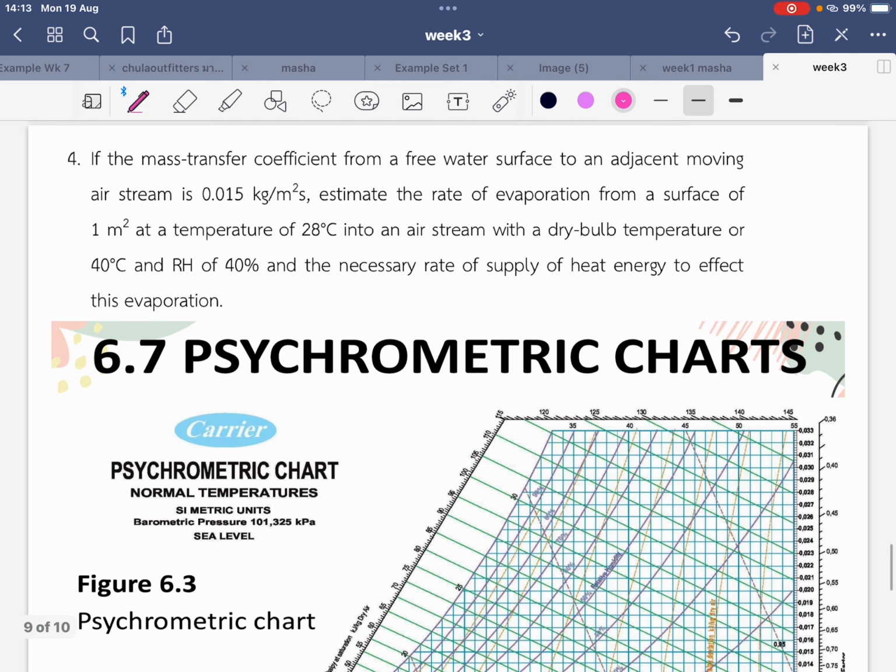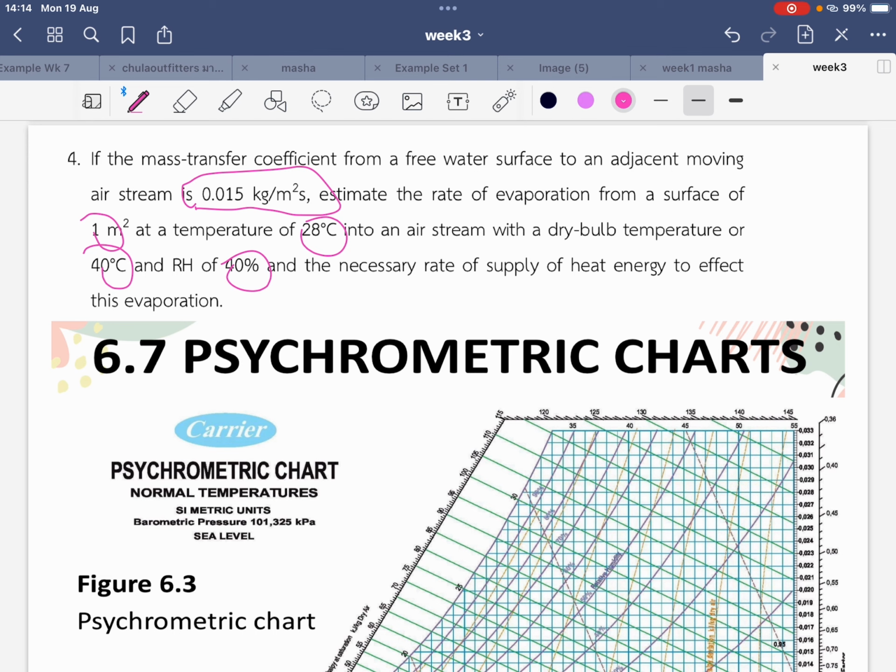For the fourth question, if the mass transfer coefficient of a free water surface is 0.015 kilograms per second per square meter, the rate of movement is 1, and the temperature is 28 or 40 and RH of 40%.